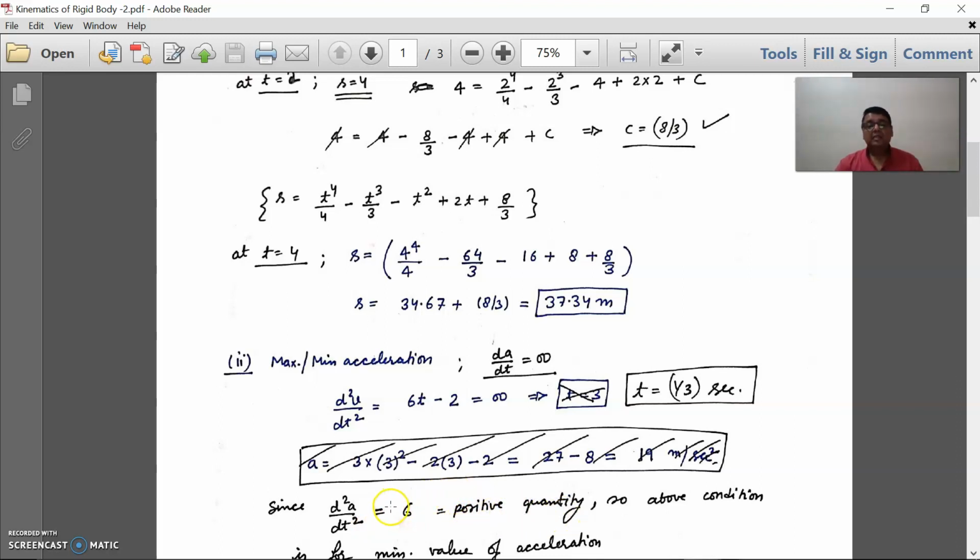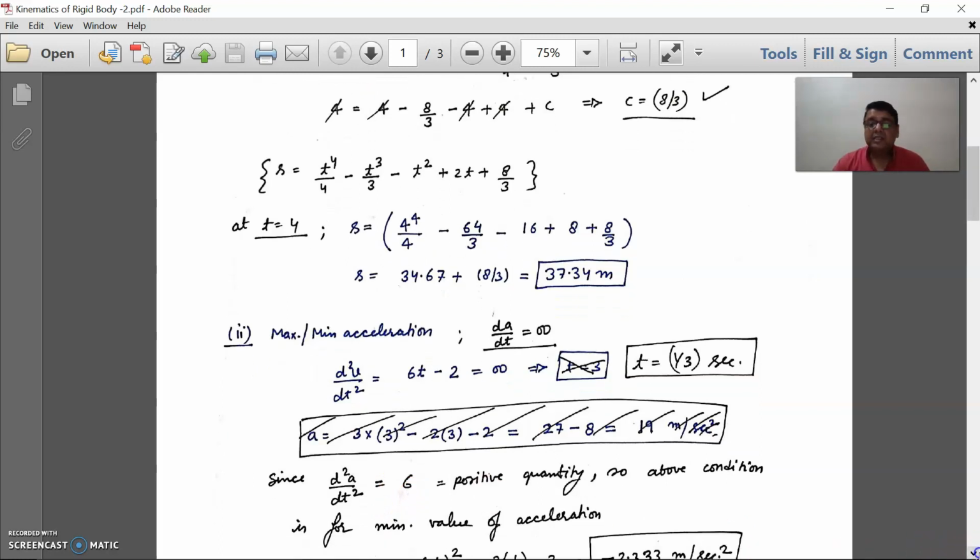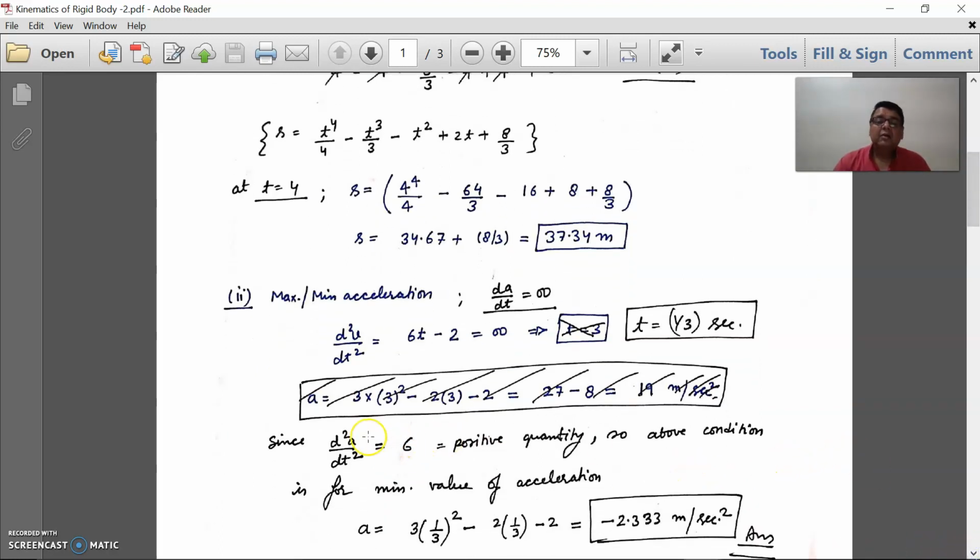And 6 being positive means this condition is for the minimum value of acceleration. What is that minimum value? At time t is equal to 1 by 3, the minimum value of acceleration will be minus 2.333 meters per second square, right?